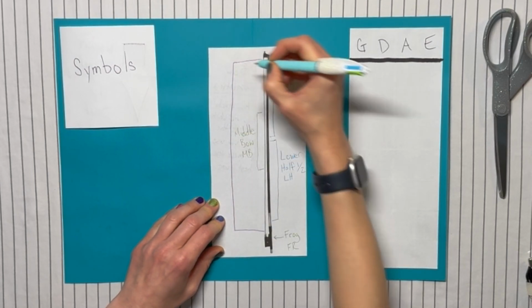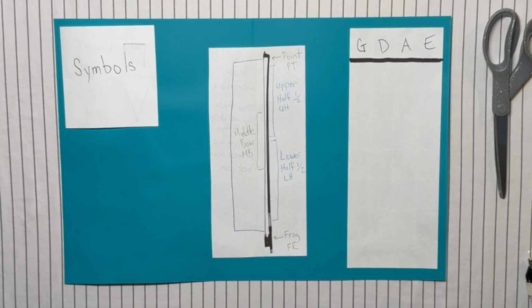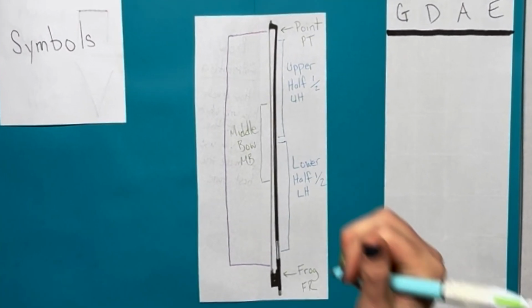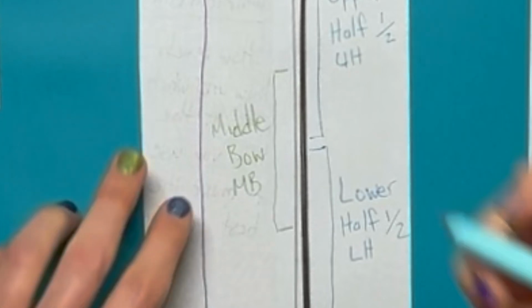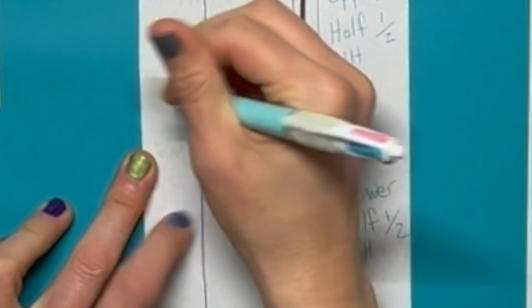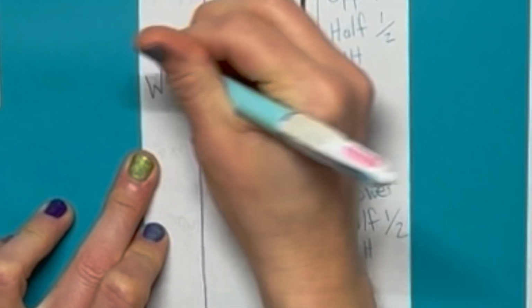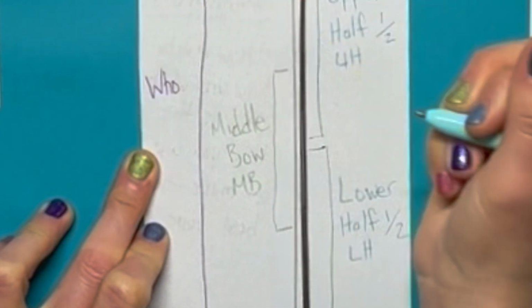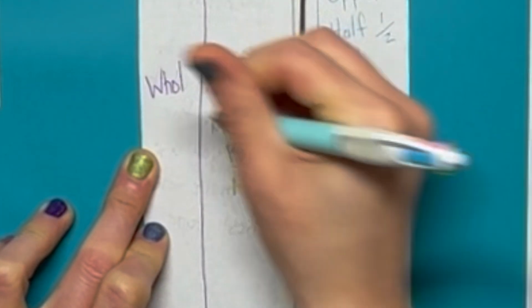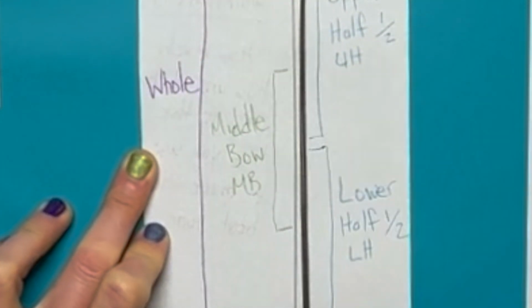Oh my goodness. What on earth could we be labeling? We're going to label the whole bow. So the word whole, when we talk about the whole bow or the entire bow, has another silent letter, so it's spelled a little bit funny. It's spelled like this. W-H-O-L-E, whole.